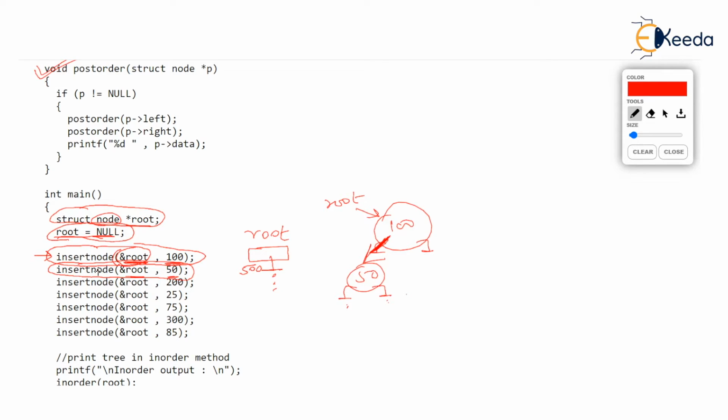Now, the best way to understand this insertion algorithm, which I usually do in the classroom, is that I ask my students to assume that a bigger tree is already created. For some time, you all assume that 100, 50, 200, 25, 75, and 300 are inserted.